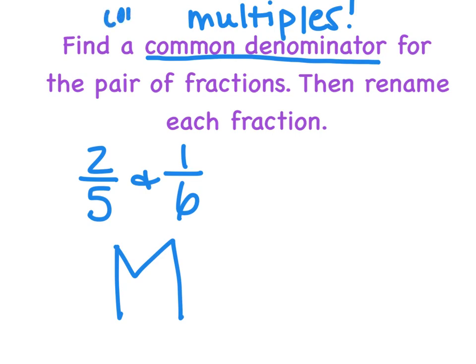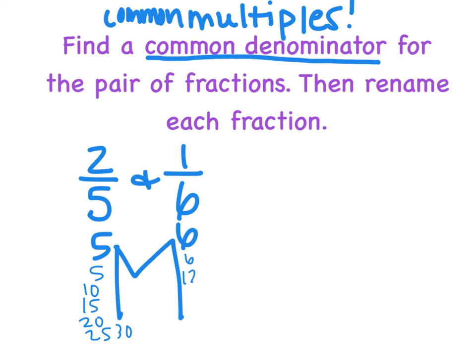So I guess you really should be thinking of common multiples. Anywho, some multiples of 5 are 5, 10, 15, 20, 25, 30. And multiples of 6 are 6, 12, 18, 24, 30, 36.